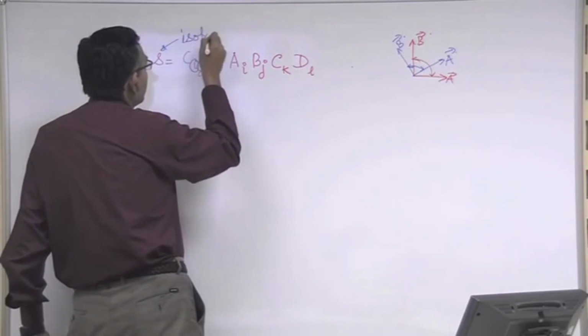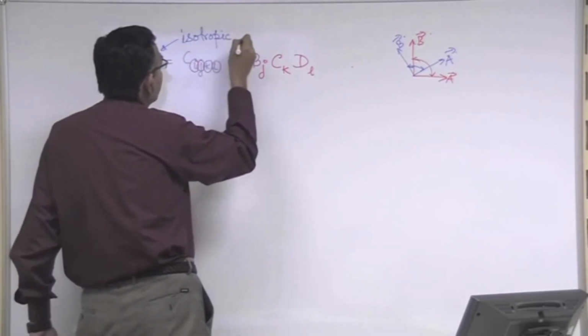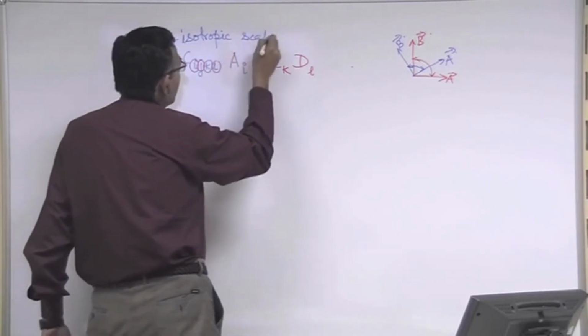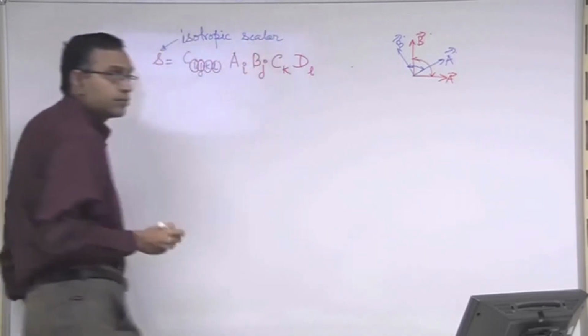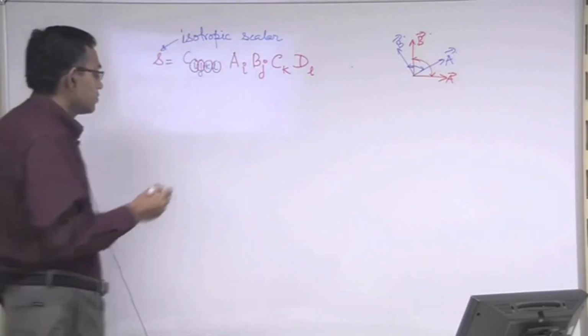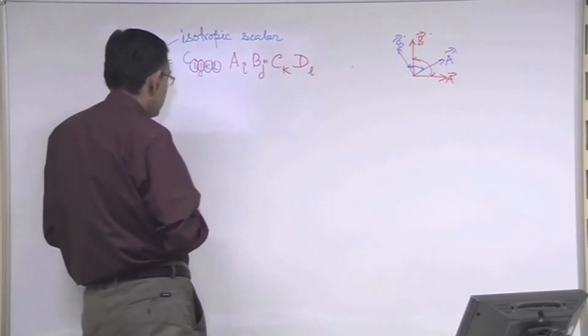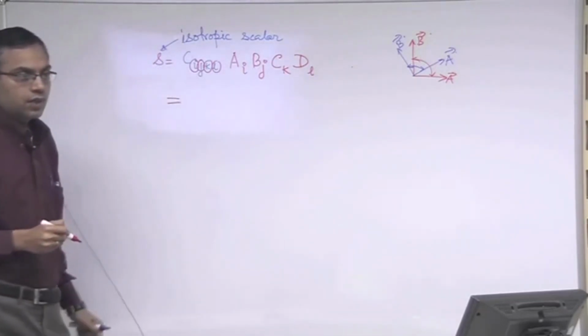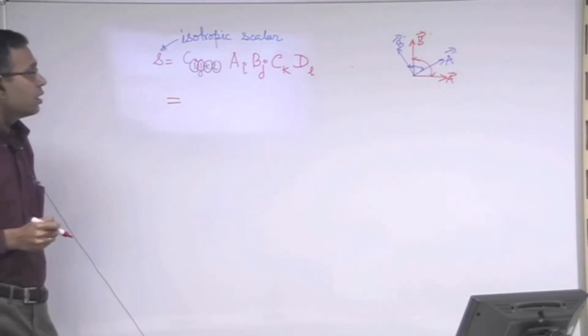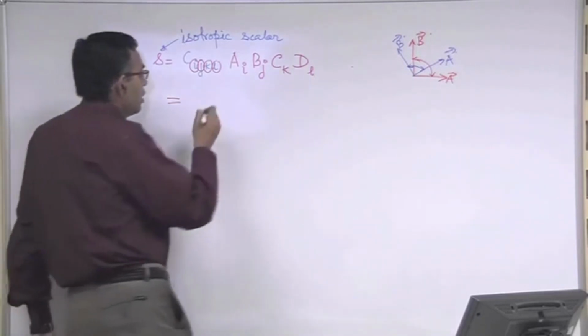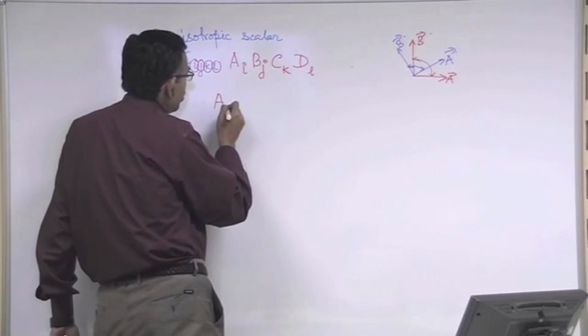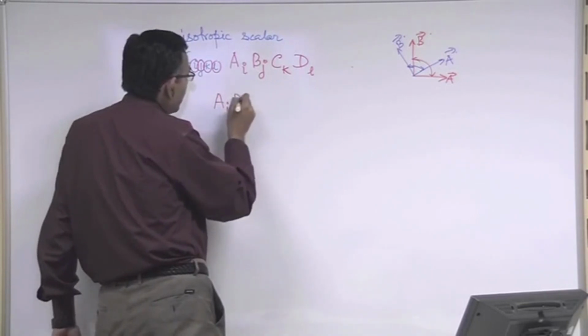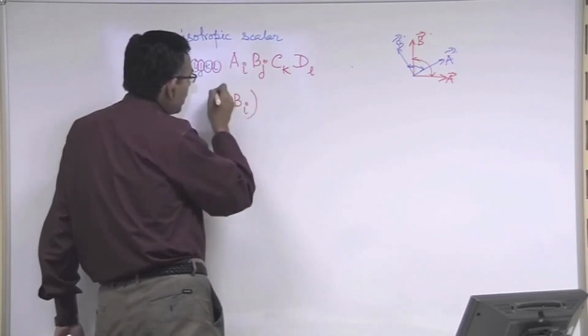then this becomes a function of the dot product of vectors taken two at a time.